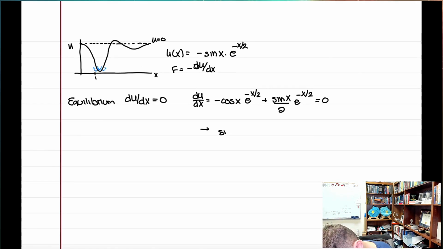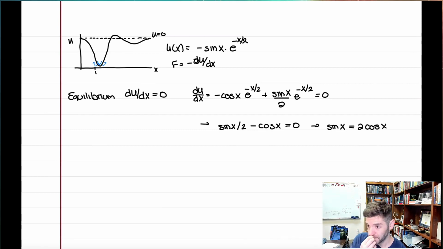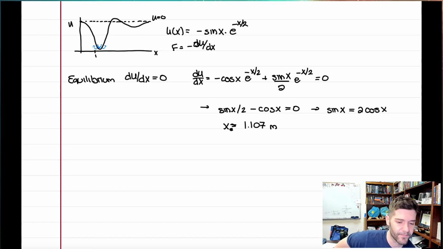So this is also when sine of x over 2 minus cosine of x equals 0, or where sine of x equals 2 cosine of x. You actually need a calculator to do this. So when you solve it, or find the root of this expression, the equilibrium position is approximately 1.107. Let's assume everything's in SI, so meters, say.